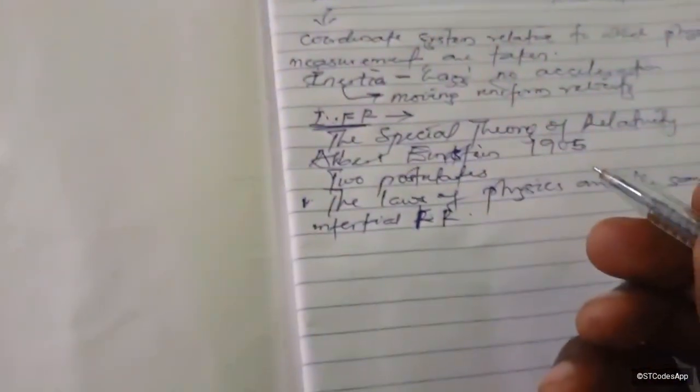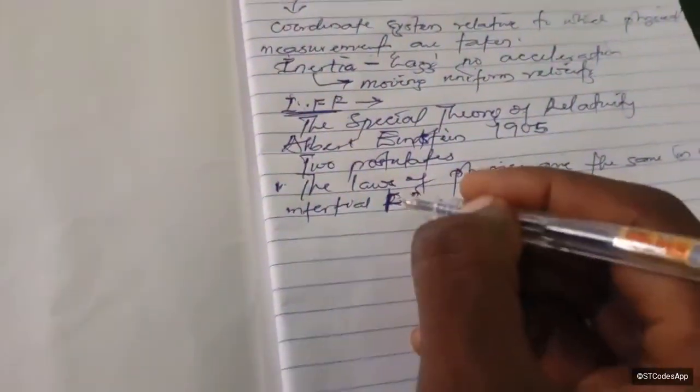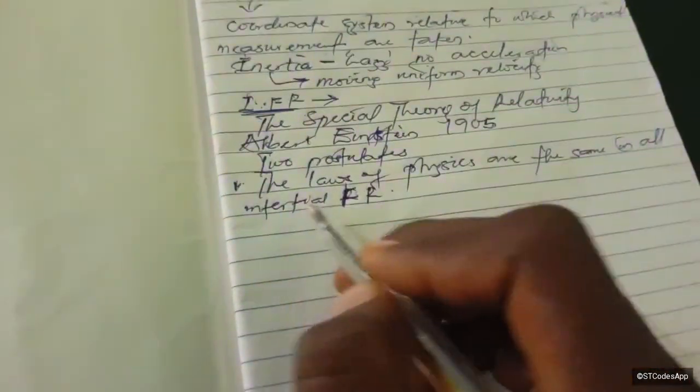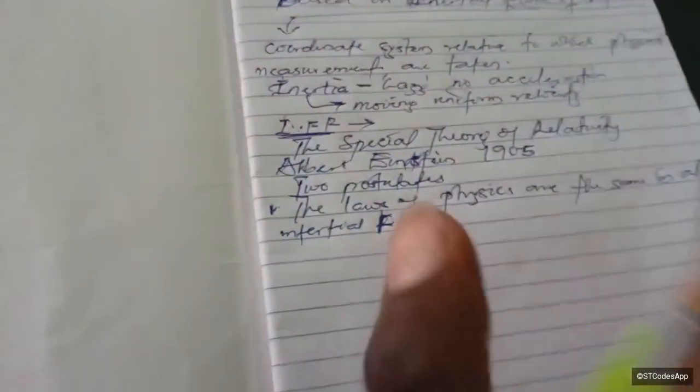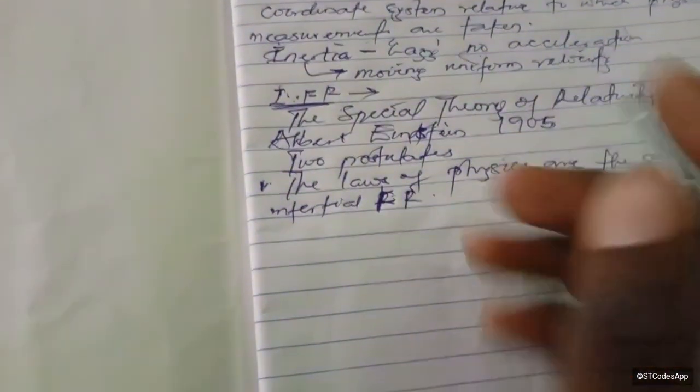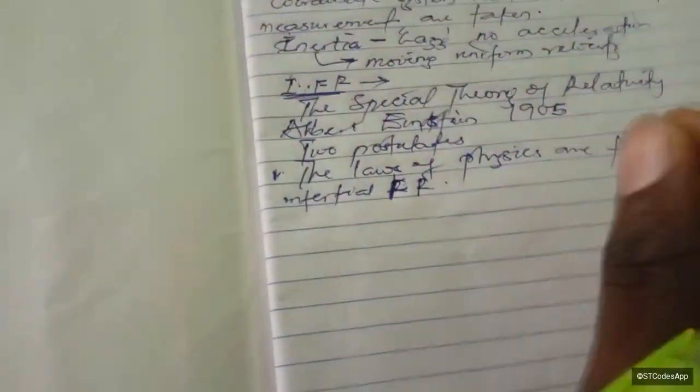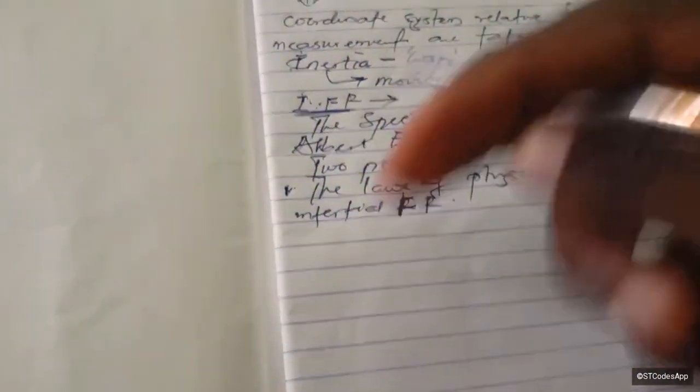Therefore, all motion will be relative, since the laws of physics are the same in all inertial frames of reference. What that means is that the velocity of an object can only be given relative to another object.